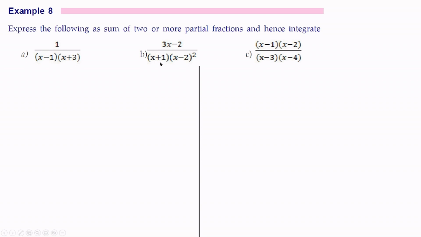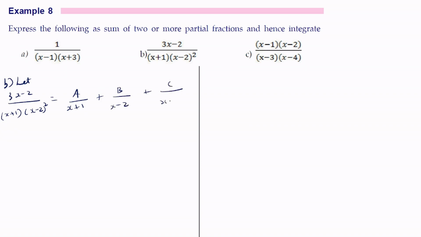Next we have the next subdivision, (3x - 2)/((x + 1)(x - 2)²). So here let (3x - 2)/((x + 1)(x - 2)²) have the corresponding partial fraction decomposition A/(x + 1) + B/(x - 2) + C/(x - 2)².